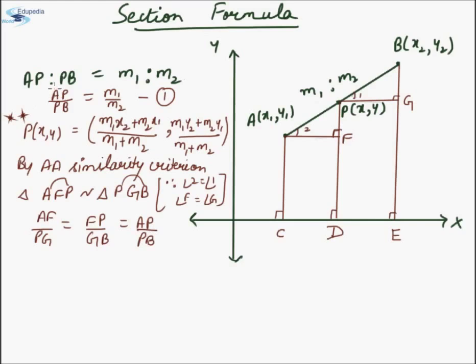But from equation 1, AP over PB is equal to m1 over m2. So we can say that all these fractions are equal to m1 over m2.